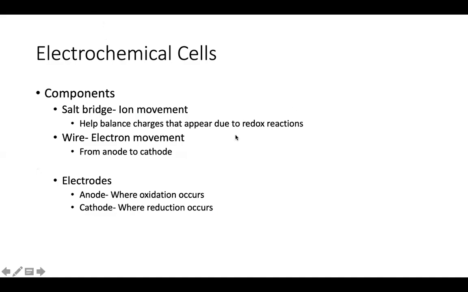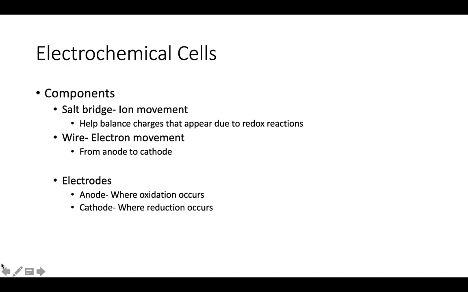Now, something that's really important to note is that at the anode, oxidation will always occur. Okay, at the anode, oxidation will always occur. At the cathode, reduction will always occur.